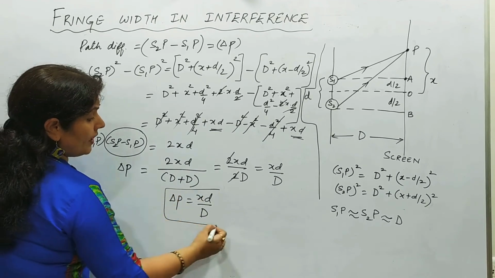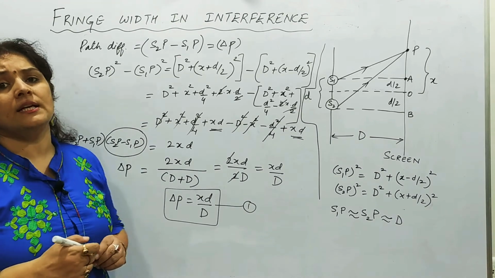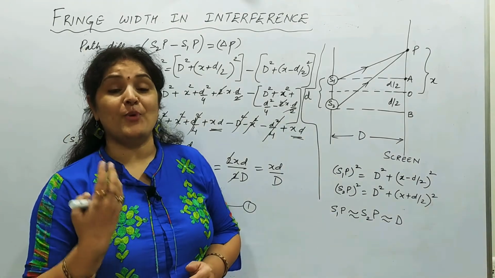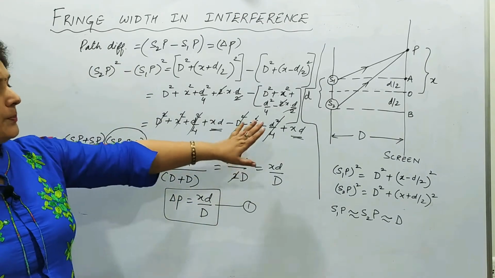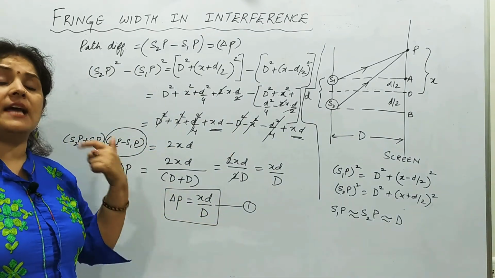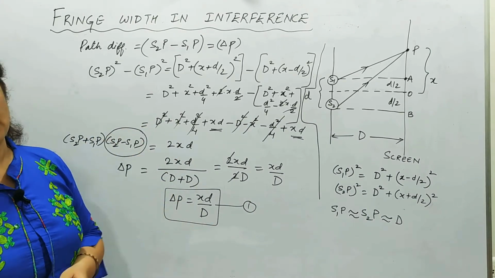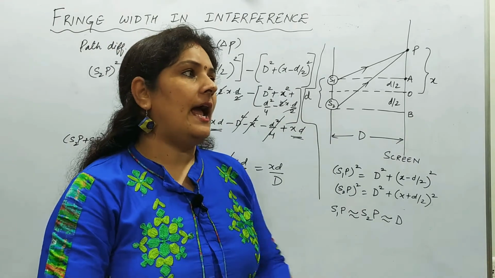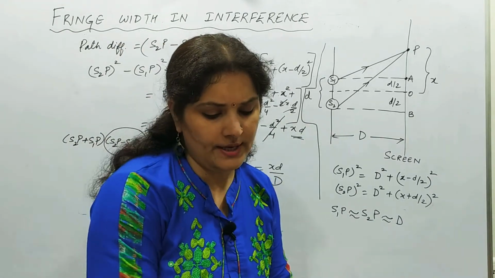But we need to find the path difference for bright fringe as well as dark fringe. That we will find out by putting this path difference in the formula of path difference that we have derived for constructive and destructive interference. So we will proceed with that, and we have to take the conditions we derived earlier.